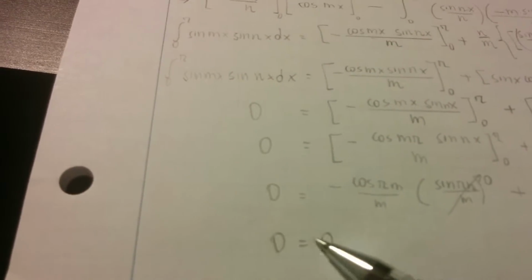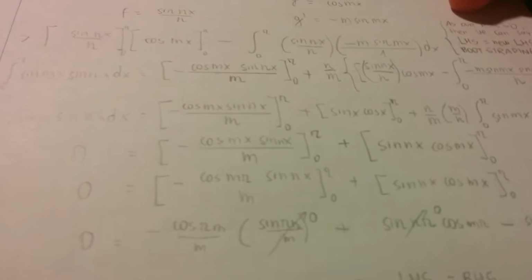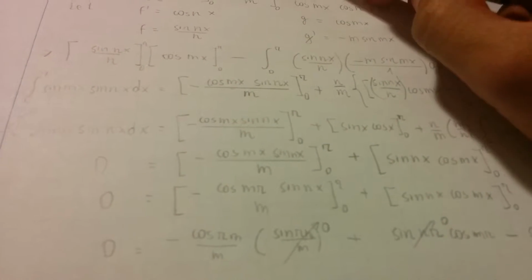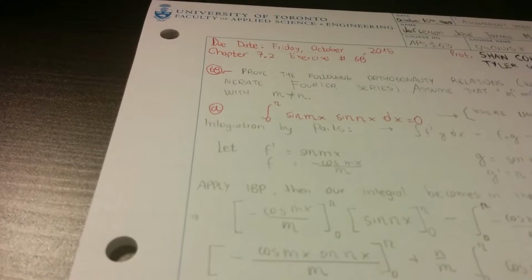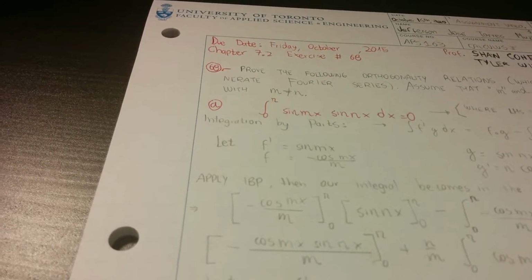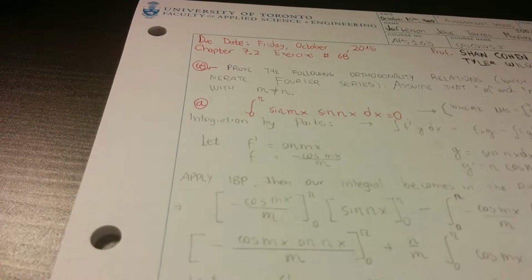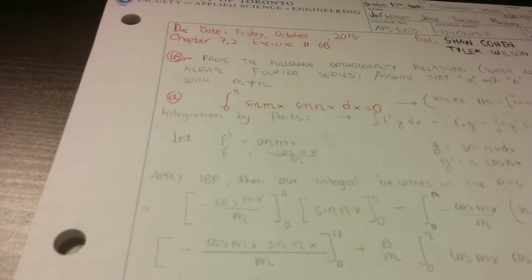So we find that our integral is equal to 0. Therefore, we know that the left-hand side is equal to the right-hand side. And we conclude that the integral from 0 to pi of sine of mx multiplied by sine of nx is equal to 0.